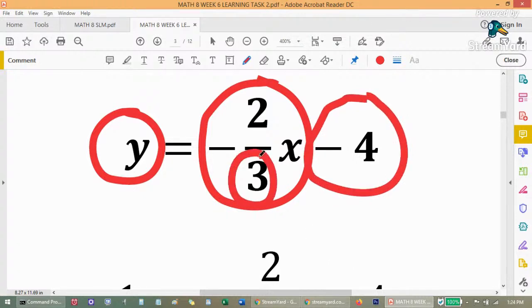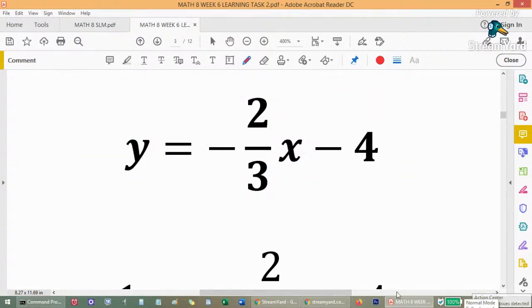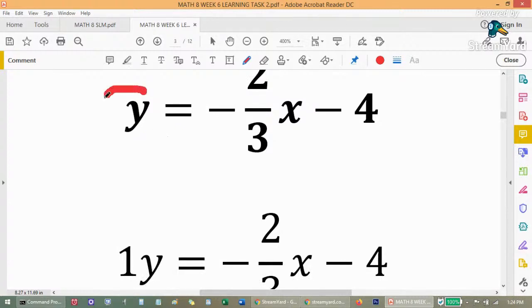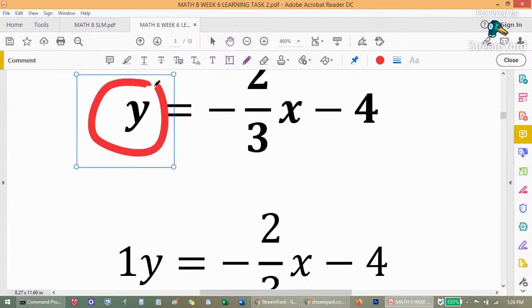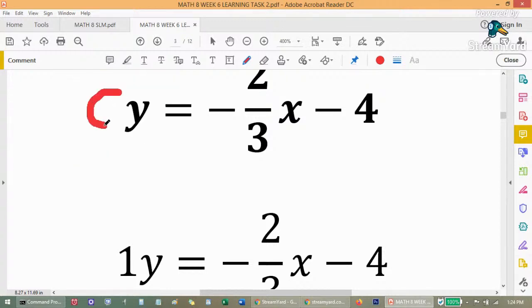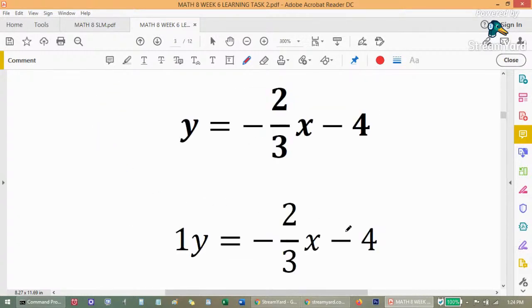So, itong 3 na to, i-multiply natin sa tatlong yan. Okay, so bago natin i-multiply yung y, lalagyan natin ng 1. Okay, nilagyan ko ng 1. Yung isang letter na kapag walang coefficient niya is 1.